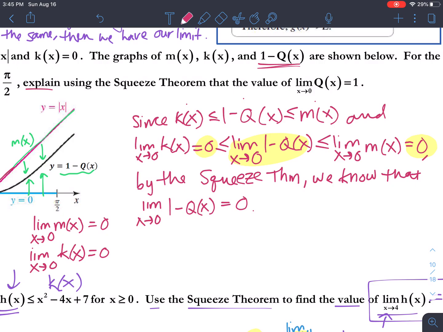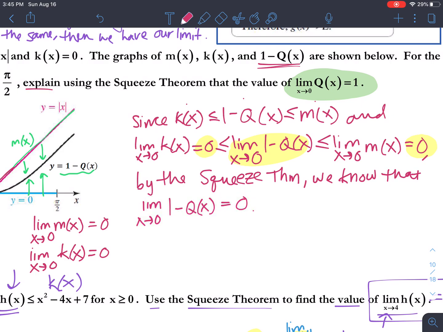So yay, that's pretty much all we got, except notice, and there's just one little trick here at the end, guys. It wants to know why limit of just q of x is equal to 1. And you could probably pretty quickly see here why this is going to translate into q of x is equal to 1.